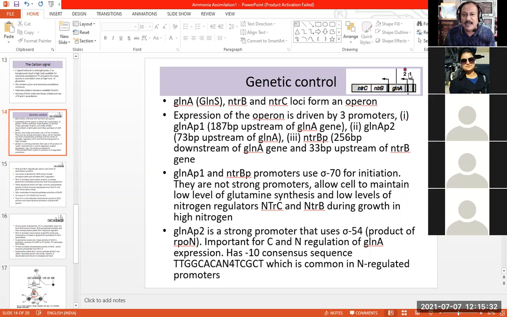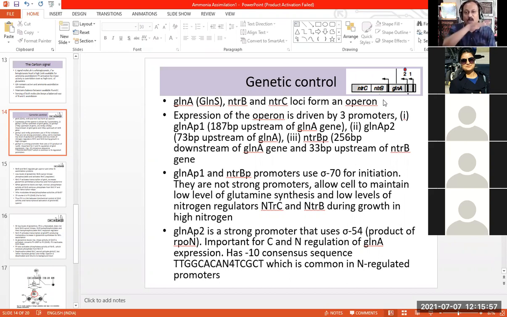I put a red dot here indicating that this is a very important, strong promoter, which takes part in genetic regulation, whereas the other 2 promoters are weak and normally active at basal level. Irrespective of the environmental situation, these promoters are always active.